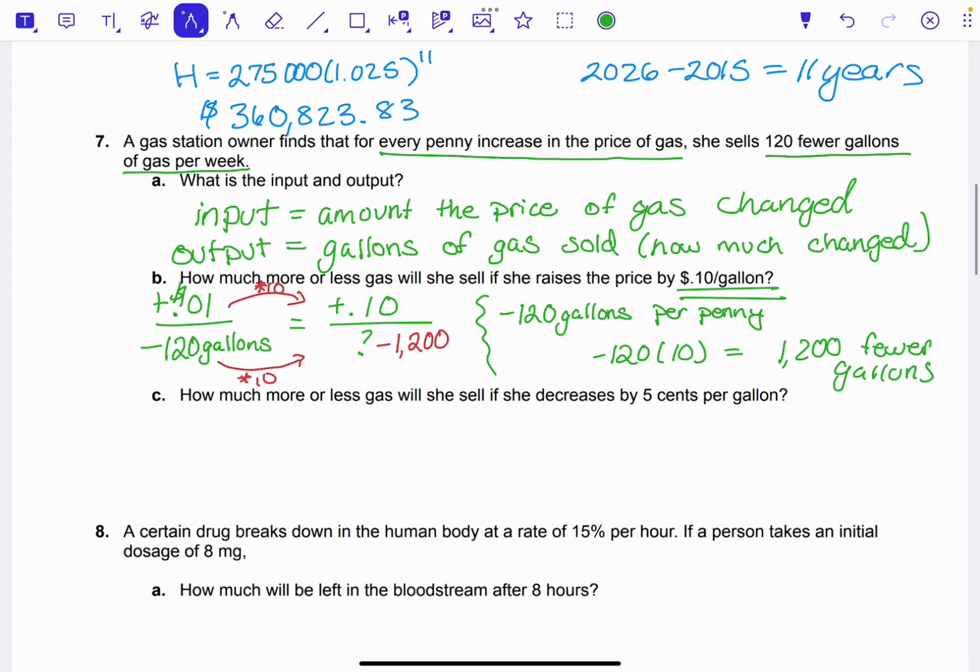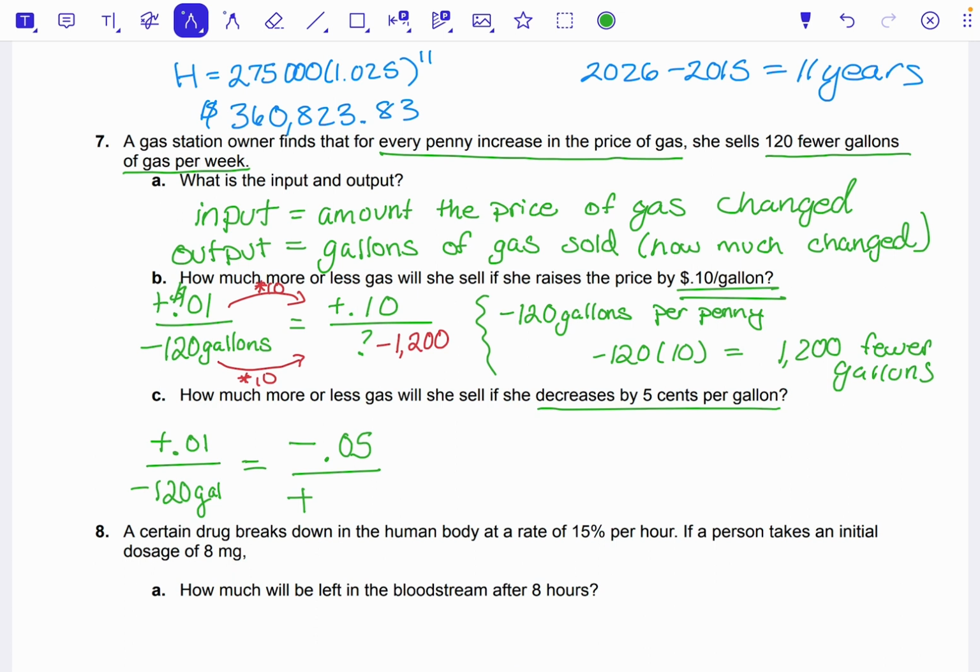So we could use the same reasoning here if she decreases the price by 5 cents. Here, we increase by a penny and the amount decreases by 120 gallons. But if she lowers it by 5 cents, then the amount of gas should go up by 5 times that 120 gallons, which would be 600 gallons.